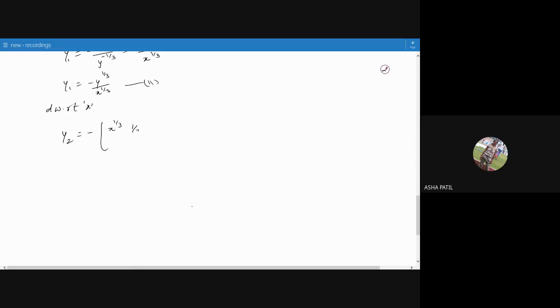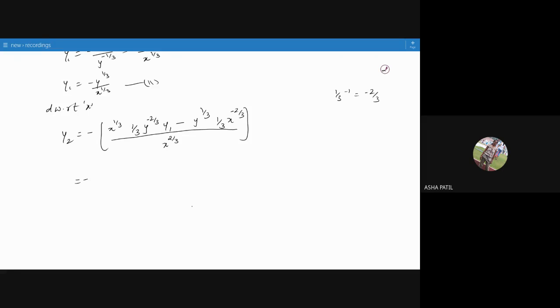It is 1 by 3, y raised to 1 by 3 minus 1, which is minus 2 by 3. That is y raised to minus 2 by 3 into the derivative of y, that is y1, minus, we have y raised to 1 by 3, the numerator as it is, derivative of x raised to 1 by 3, that is 1 by 3, x raised to again 1 by 3 minus 1, it is minus 2 by 3, whole divided by square of the denominator, it is x raised to 2 by 3.